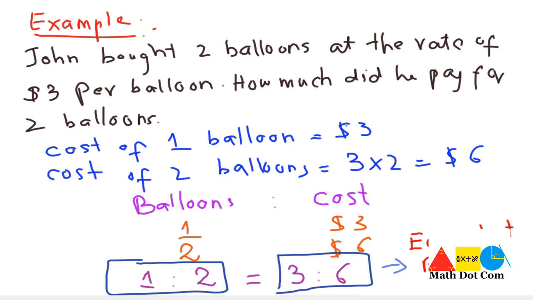If we say 1 out of 2, it means 1 part out of 2 parts, and if we say 3 out of 6, then it is exactly the same. If we reduce 3:6, then we exactly get the same answer, that is 1:2. This means that the two ratios are proportional to each other.